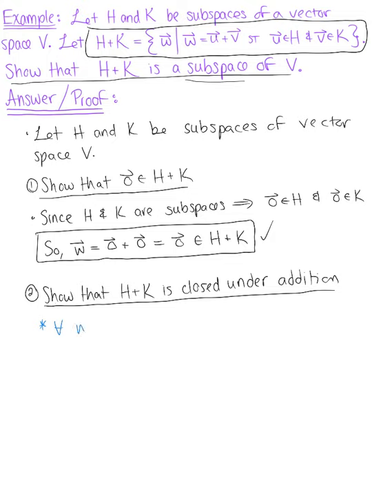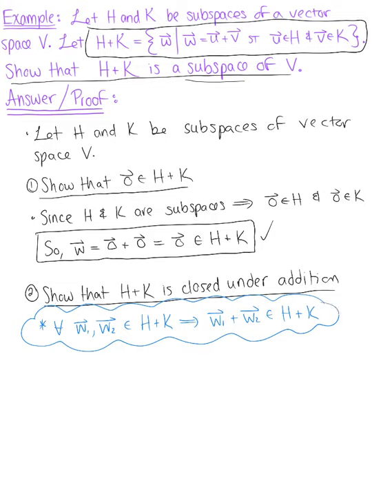For all vectors W sub 1 and W sub 2 that exist in H plus K, we want to show that the sum of these two vectors, W sub 1 plus W sub 2, is also in the set H plus K.